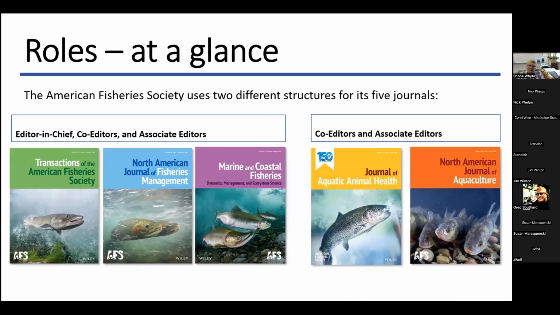So now we've moved into the roles of the individuals involved in the process. The American Fisheries Society has 5 journals, and they use 2 different types of structure for its journals at present. But generally we have an editor and associate editors.